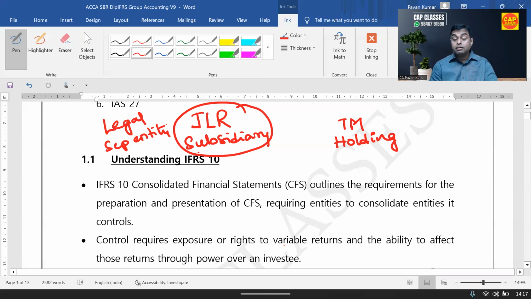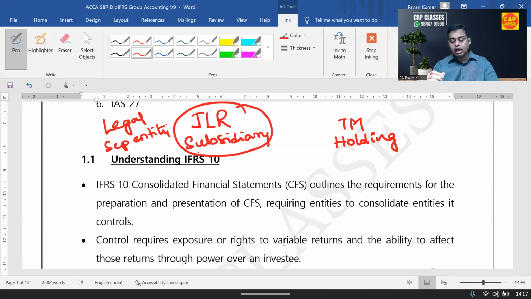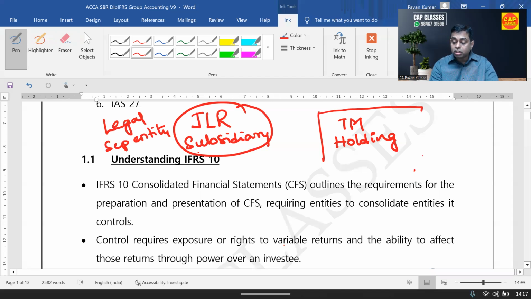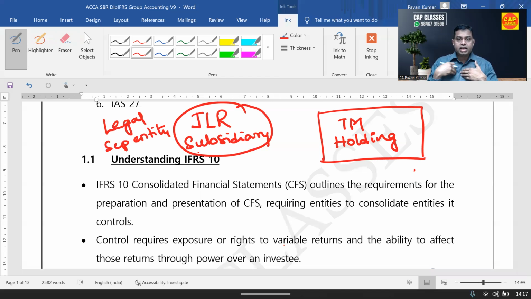But from the shareholder's point of view, the person who invested money in Tata Motors, for example, Pavan has shares in Tata Motors. So my money is in Tata Motors, and that money is transferred to JLR. So who invested in JLR?